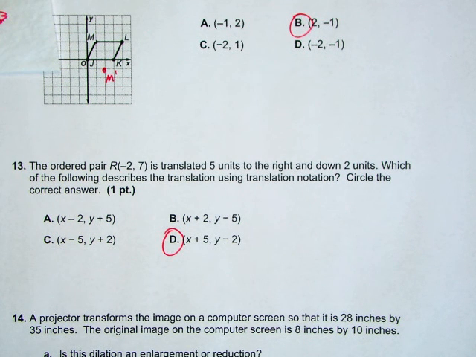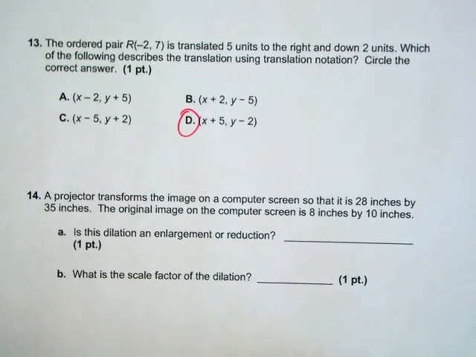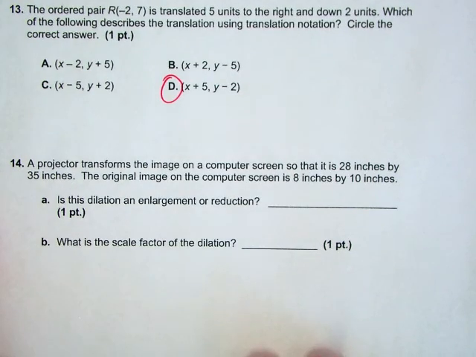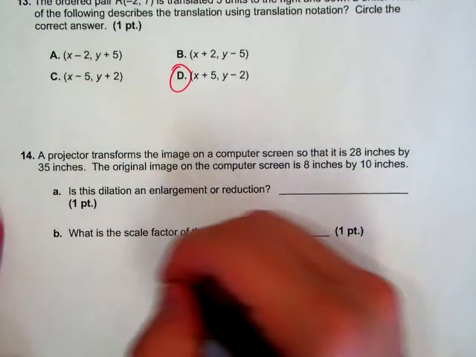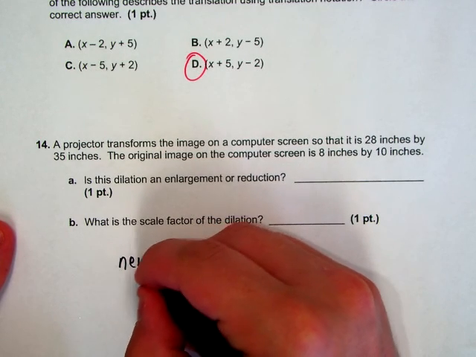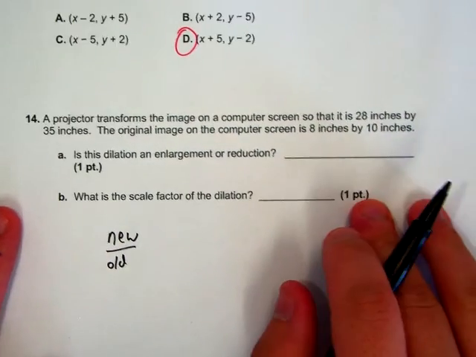Number 14. A projector transforms the image on a computer screen so that it is 28 inches by 35 inches. If the original computer screen was 8 inches by 10 inches, is it an enlargement or reduction? First of all, when we figure out what the scale factor is, we do the new divided by the old. So we're going to pick the first dimension here.